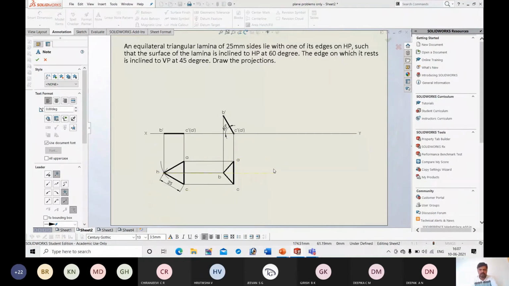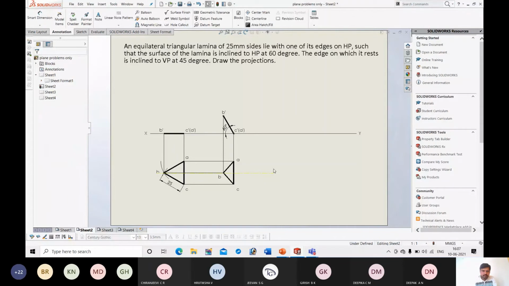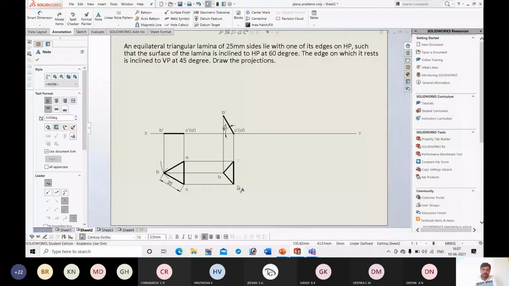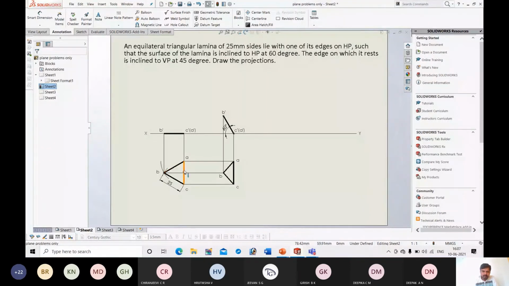Next, we should satisfy the last condition, that is inclination with respect to VP. Now we can see the resting edge is AC. AC is perpendicular to XY, which means it is perpendicular to VP.